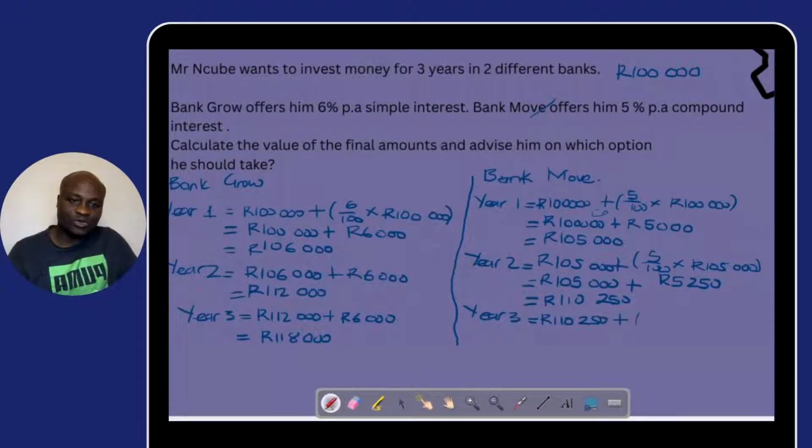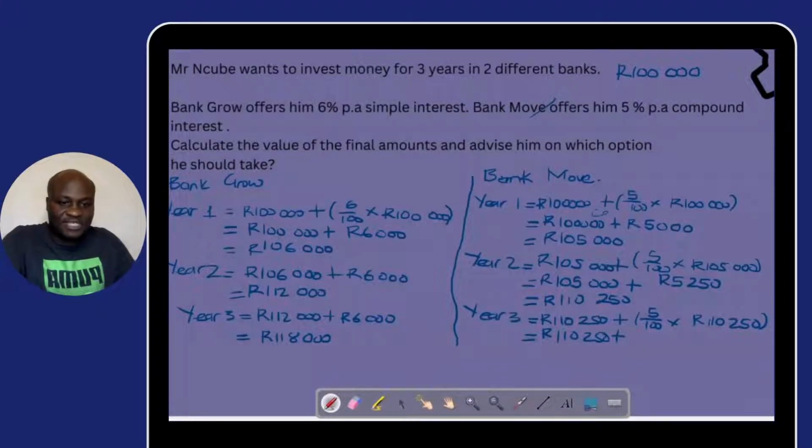And then let's go to the last year, the last period, year number 3. 110,250 plus, open bracket, 5 over 100 multiplied by 110,250, which gives us 110,250 plus, what is 5% of 110,250?